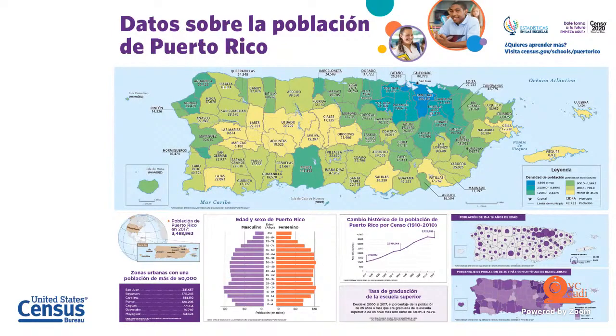On the bottom right, we have a proportional circle map showing the population 15 to 19 years of age, and a choropleth map showing the percentage of the population 25 years or older with a bachelor's degree. This poster also includes a line graph showing the change in population in Puerto Rico from 1910 to 2010. It has a population pyramid, and it also has a locator map.